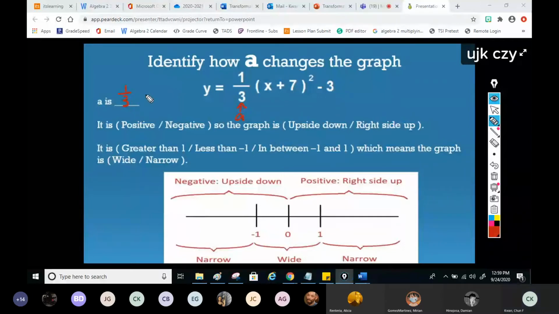And if you are not good with fractions, 1/3 is 0.3333333333. So let's find 1/3 on this number line. It is going to be right here. This is positive 1/3.